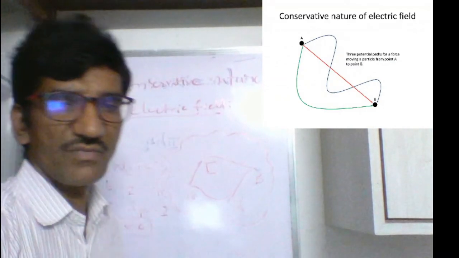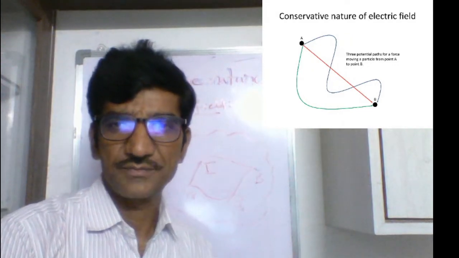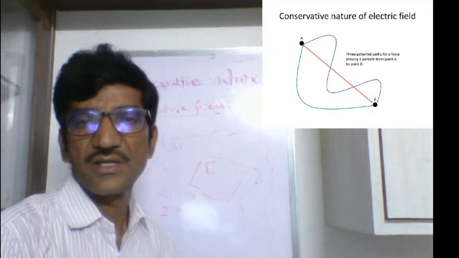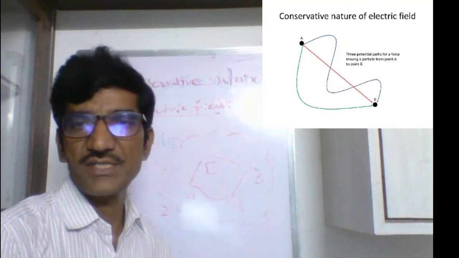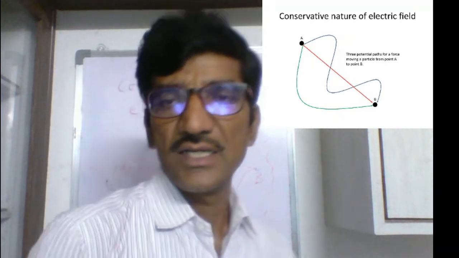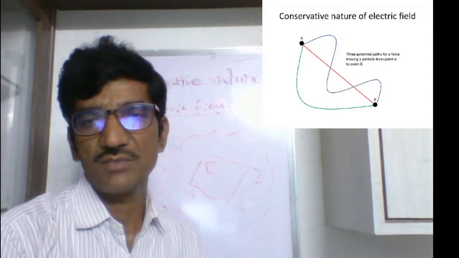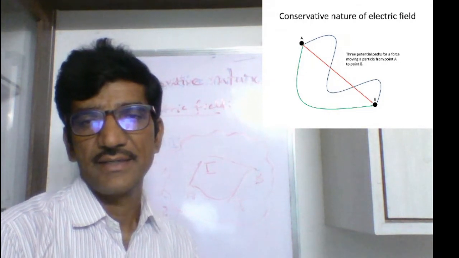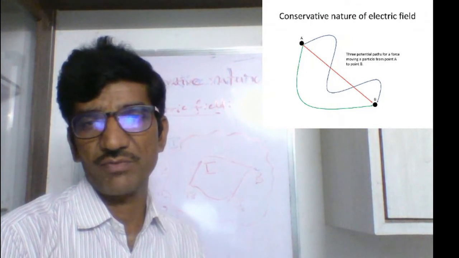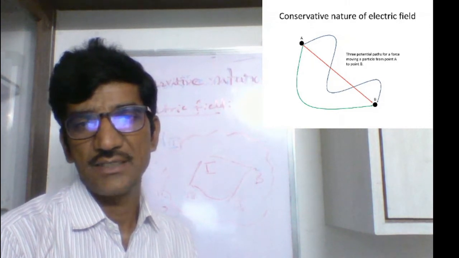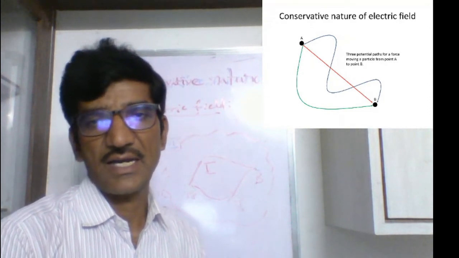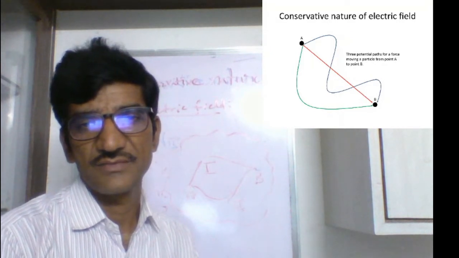Here you see in the slide. There are 2 points, A and B. See how many paths are there? This is one blue line, green line, red line. You may move the charge from A to B in 3 ways: along the blue line, or along the red line, or along the green line.